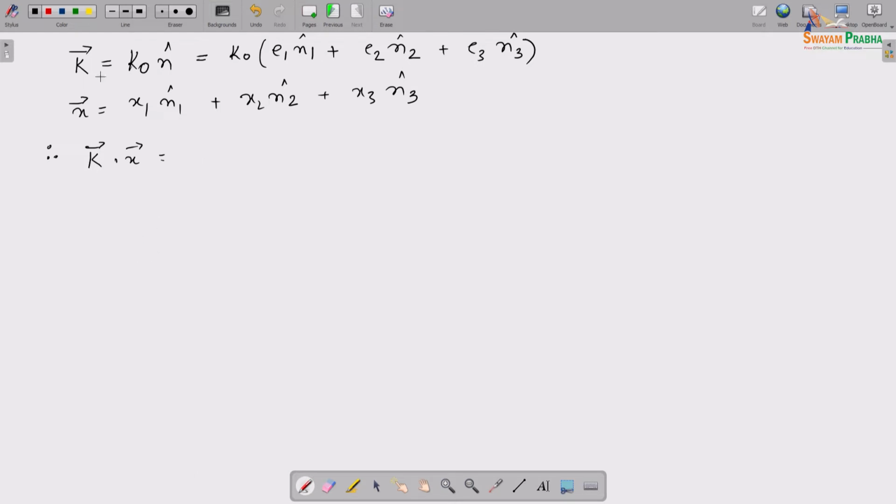So the dot product of k and x, I can write as k naught E1 x1, and the dot product of n1 and n1, plus k naught E2 x2.